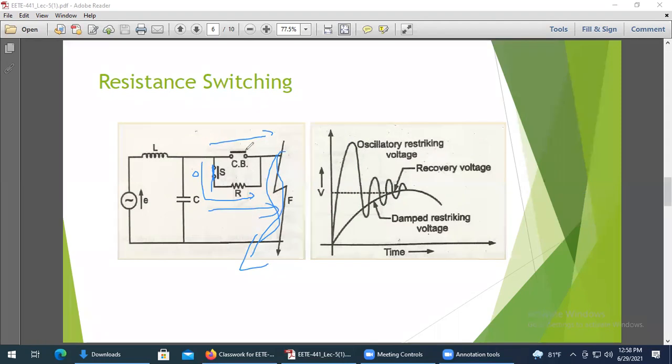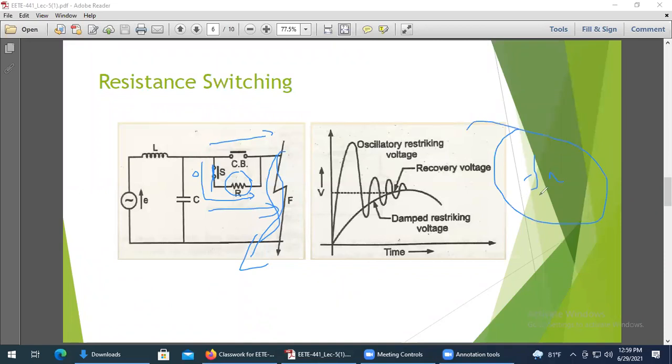Whenever this circuit breaker is opening, an electric arc will form over here, and you know that this resistance appears across the parallel of the contact of the circuit breaker. This appearance of the parallel resistance will help you to prevent the oscillations of the TRV, or you can simply say to prevent the frequency of the TRV.